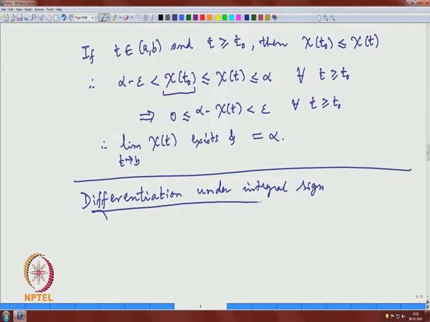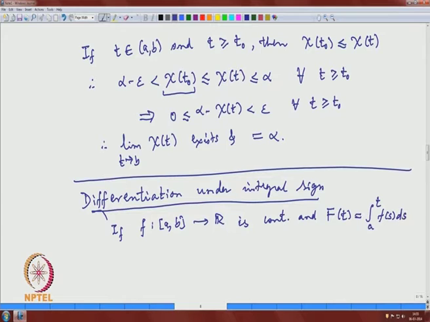For this, recall again from the fundamental theorem of calculus: if f from [a, b] to R is continuous, and if we define F(t), the indefinite integral from a to t of f(s) ds, then F is differentiable and F prime of t is equal to f(t).